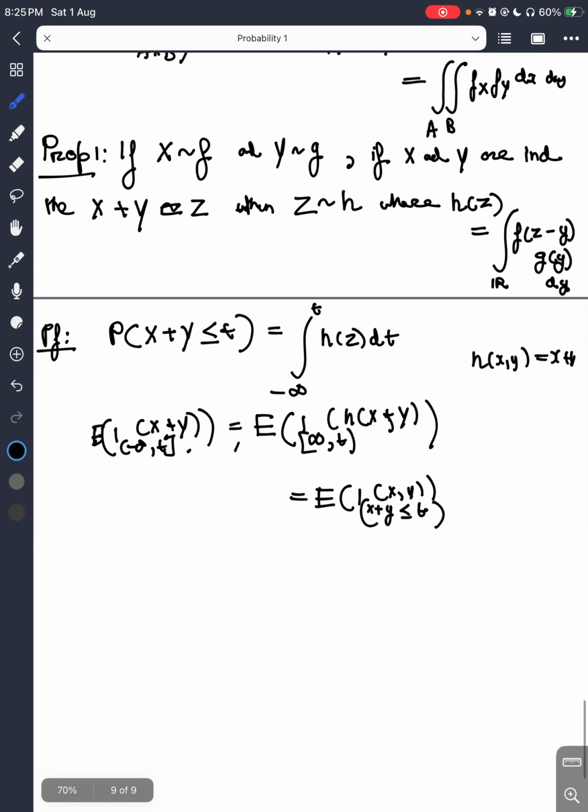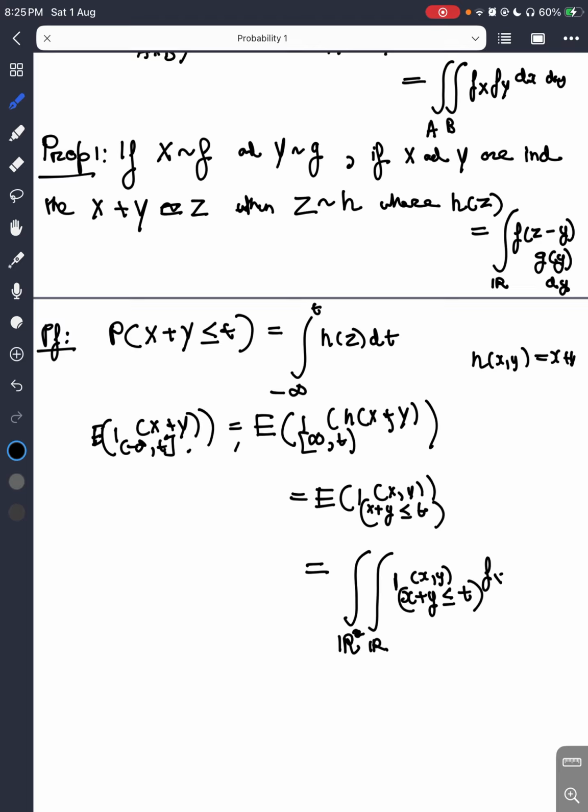By the statement we proved a little while ago, this is an integral over R2, which by Fubini is the same as the integral of the indicator of x plus y less than or equal to t, times f of x, g of y, dx dy.